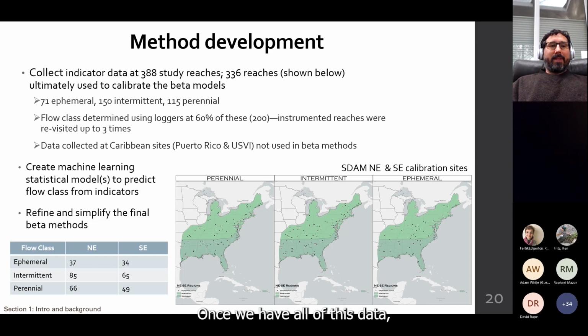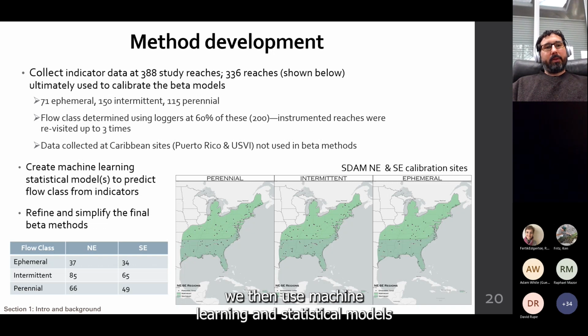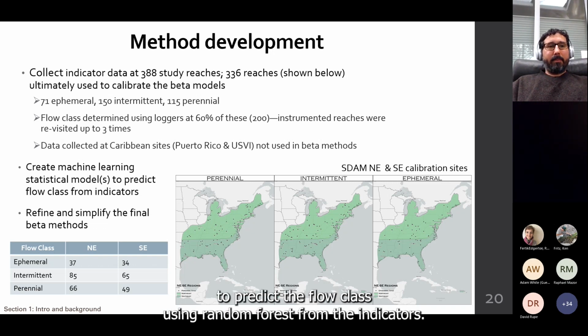Once we have all of this data, both our field data, our geospatial data, and our direct hydrologic classifications, we then use machine learning and statistical models to predict the flow class using random forest from the indicators.